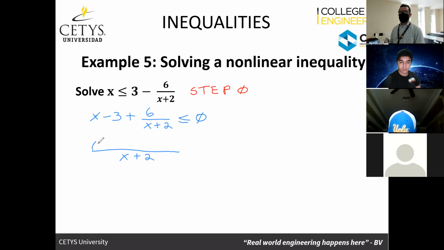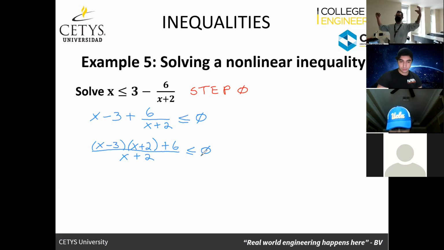And then I'm going to have x minus 3 multiplied by x plus 2, plus 6, less than or equal to 0. The only thing I did there was grab a common denominator and join everything into one fraction.